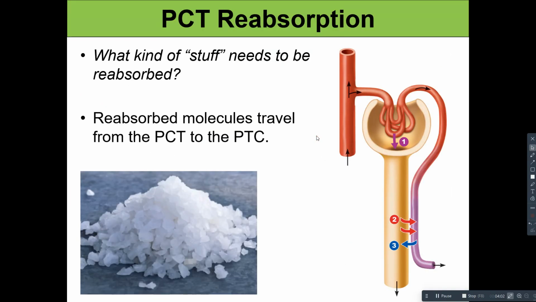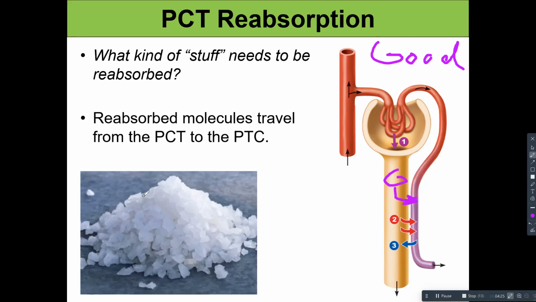Okay, let's talk about reabsorption now. So we know the kind of things that need to be reabsorbed are good things. So if something good got filtered, so something good ends up in the renal tubule, in the PCT, for example, we want to reabsorb it. So good stuff that got filtered gets reabsorbed.